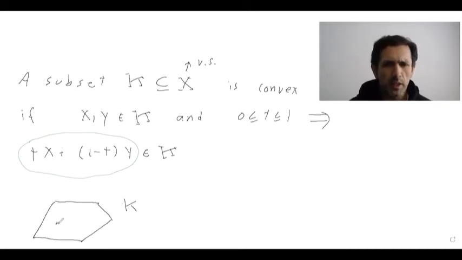Okay, so you can see, pick any x and y here, including possibly on the perimeter, boundary, whatever. So we take the line segment connecting any x and y. Well, we still stay in K as long as x and y are in K. So this is convex.